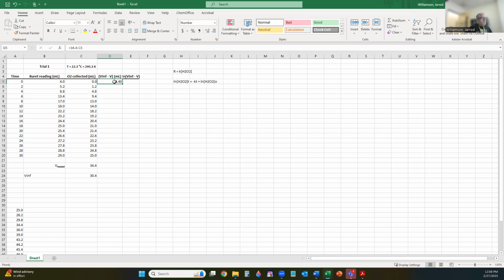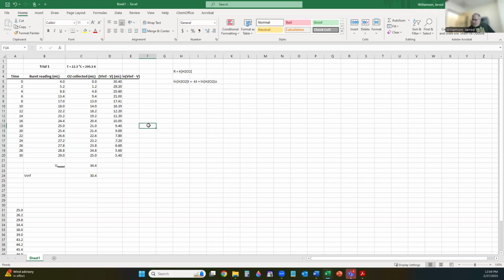Wait a minute, this is supposed to be 30.4. V infinity is 30.4. Oh, wait, Control Z. This is supposed to be 30.4. Fixed it. So now I'm going to highlight that down and copy the formula down by doing Control D.